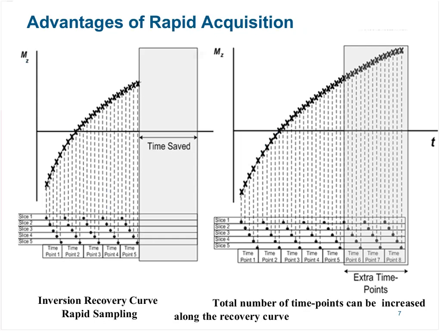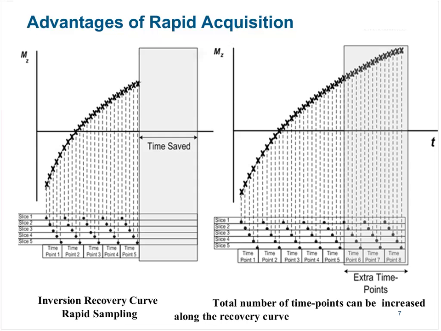So what are the advantages of rapid acquisition? If you can save time, let's say on the left side diagram, it is shown that you have acquired the 5 slices and 5 time points quickly, and you save this time period. In this time period, you can acquire more time points, and then the acquisition scheme will look like this.